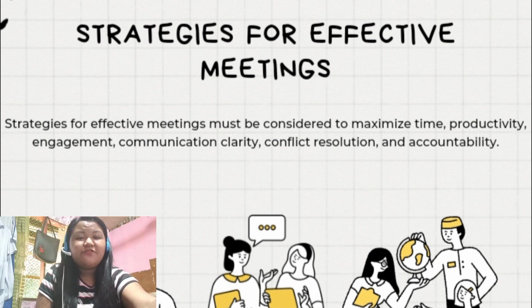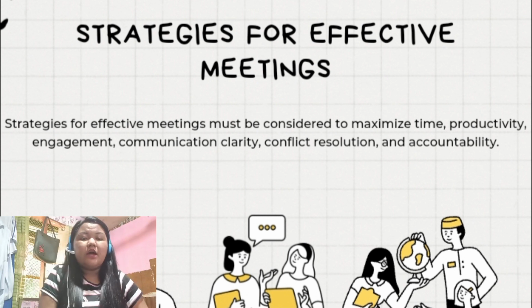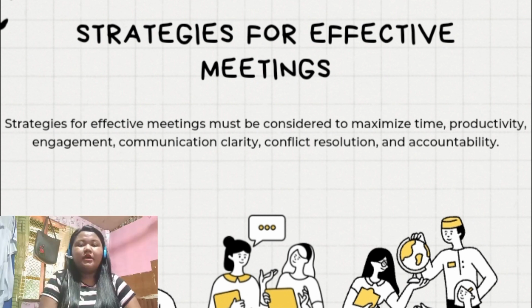So the fifth one is conflict resolution and accountability. This is important because you must know how to overcome problems and conflicts that may come up in the game plan you're planning for the meeting or the agenda. And everyone must be responsible and accountable for their roles, as they are the leaders and the models of the specific organization.